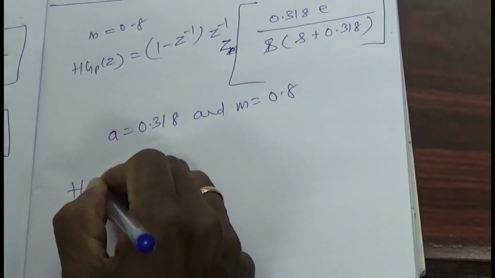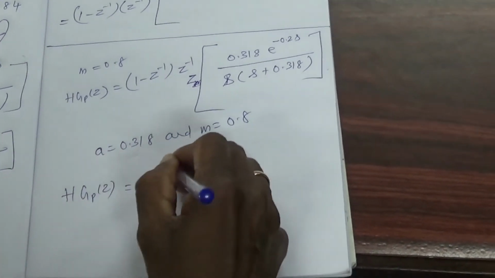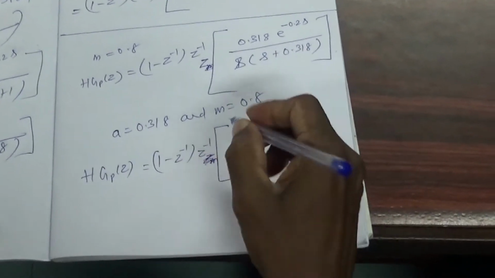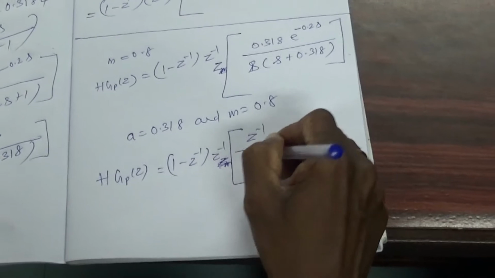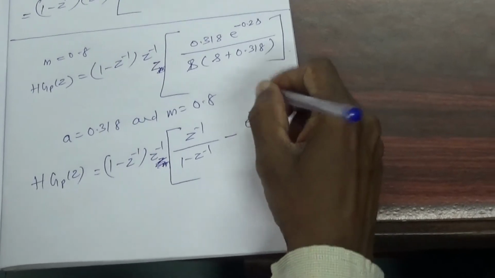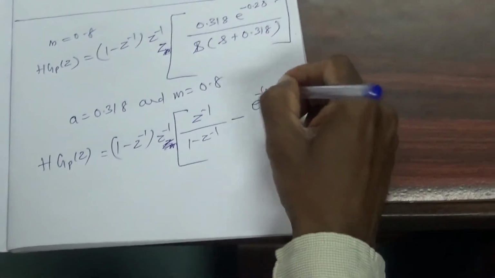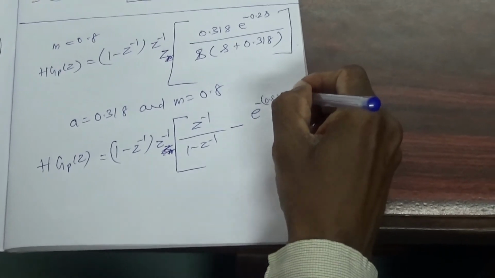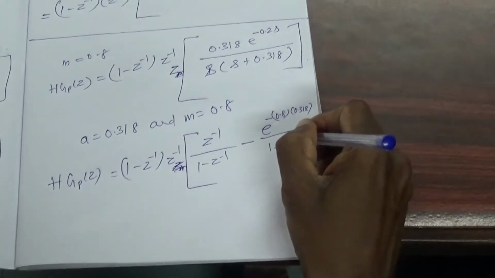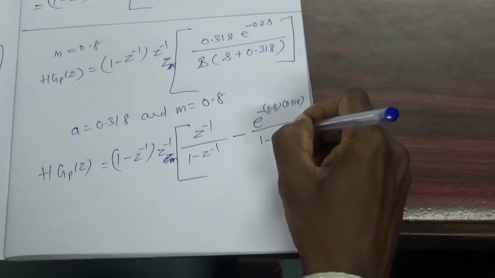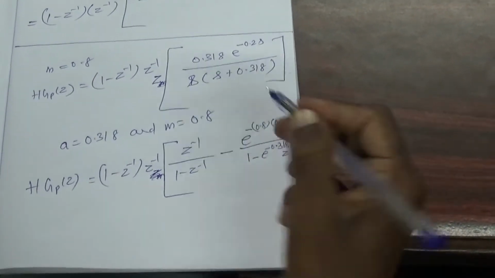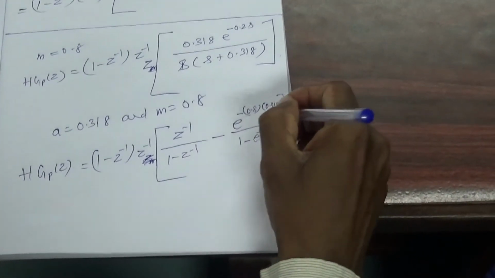Therefore H gp of z equals 1 minus z power minus 1, z power minus 1, times the modified z transform, which is z power minus 1 over 1 minus z power minus 1, minus e power minus (0.318 times m, with m equal to 0.8), divided by 1 minus e power minus 0.318 z power minus 1.